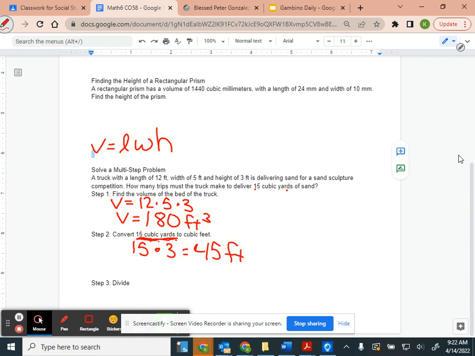What did we do wrong? 15 cubic yards of sand. How many cubic feet? Oh my goodness, it is the end of a long week. Let's think this one through. What did I just mess up?